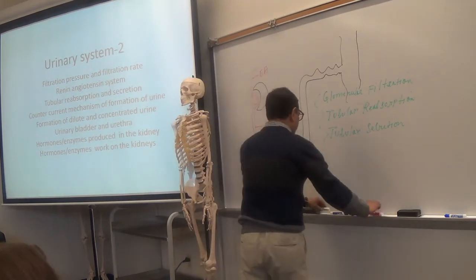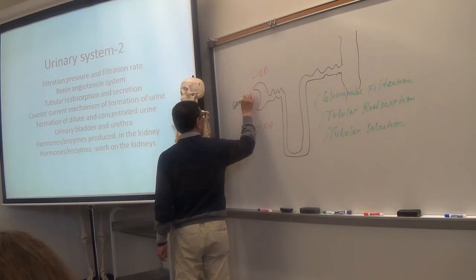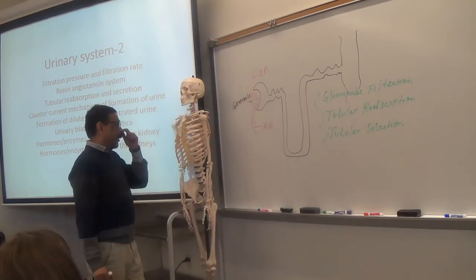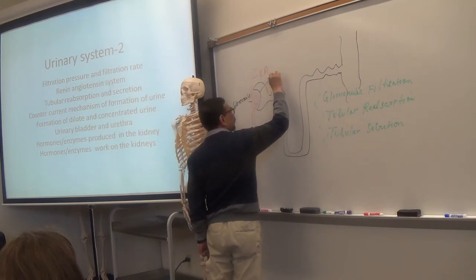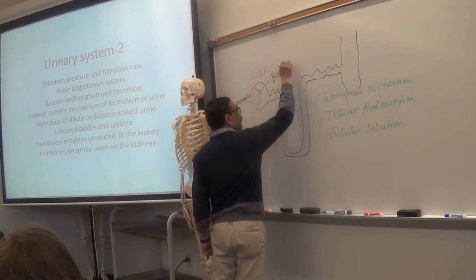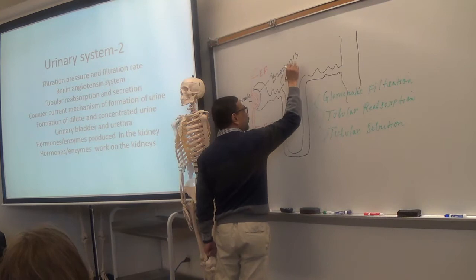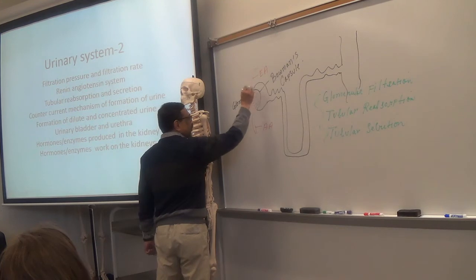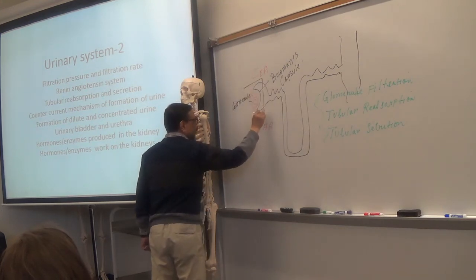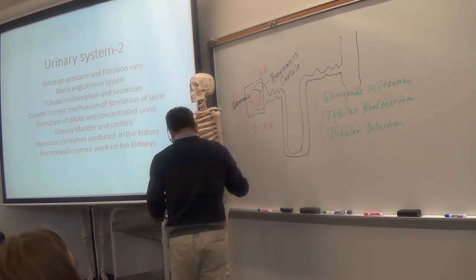So this is the glomerulus. Okay? And this part is called Bowman's capsule. And these two structures together is called renal corpuscle.